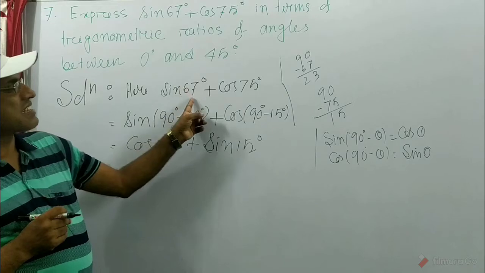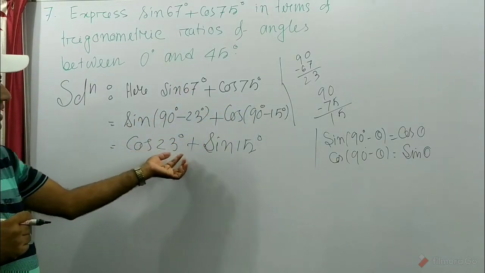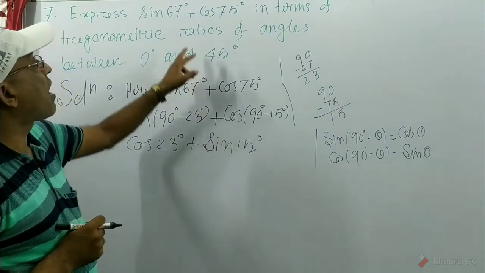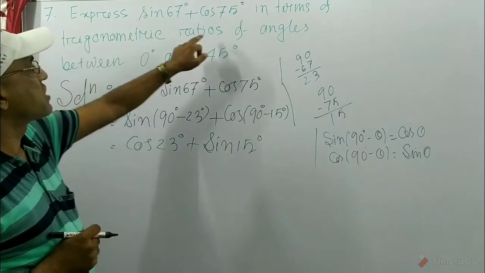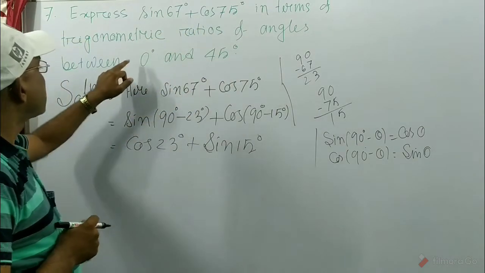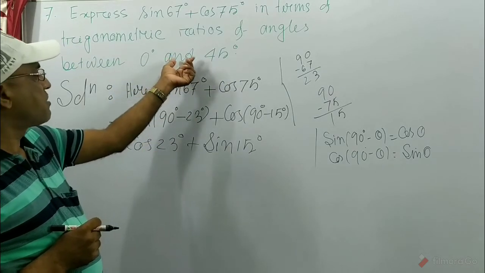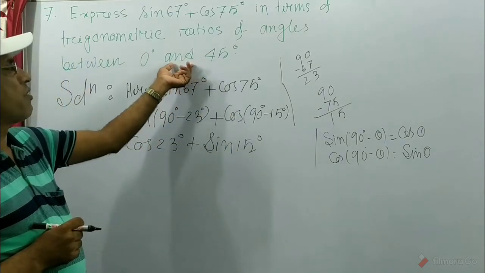Now what do we get? The original angles are 67 and 75. After calculation we get the angles 23 and 15. Our problem says to express this in terms of trigonometric ratios of angles between 0 and 45 degrees. So 23 lies between 0 and 45, and 15 also lies between 0 and 45.